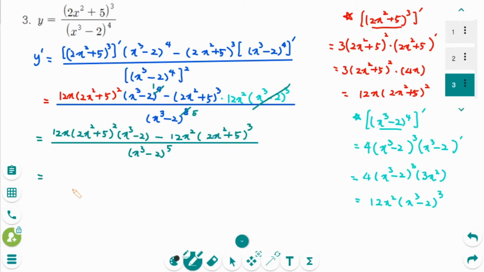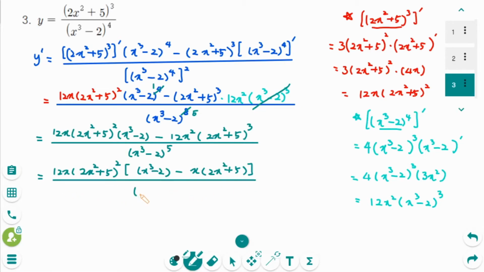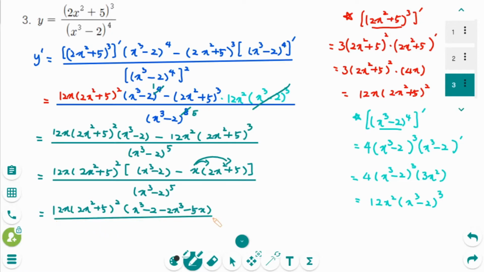Then take out the common factor. 12x (2x² + 5)², then (x³ − 2) is left over, minus x times (2x² + 5), divided by (x³ − 2)⁵, equals 12x (2x² + 5)², then expand: x³ − 2 − 2x³ − 5x over (x³ − 2)⁵.